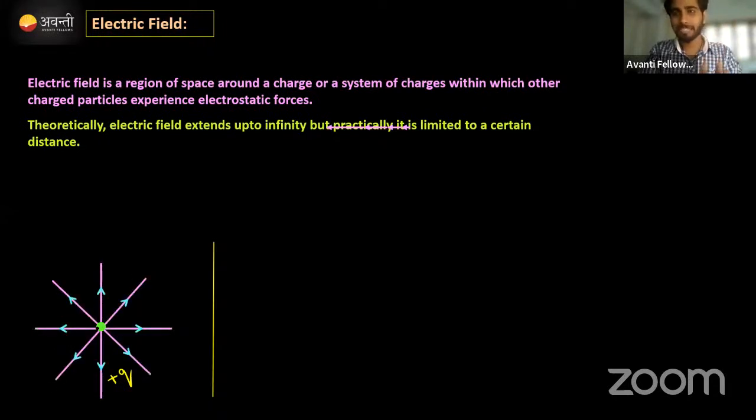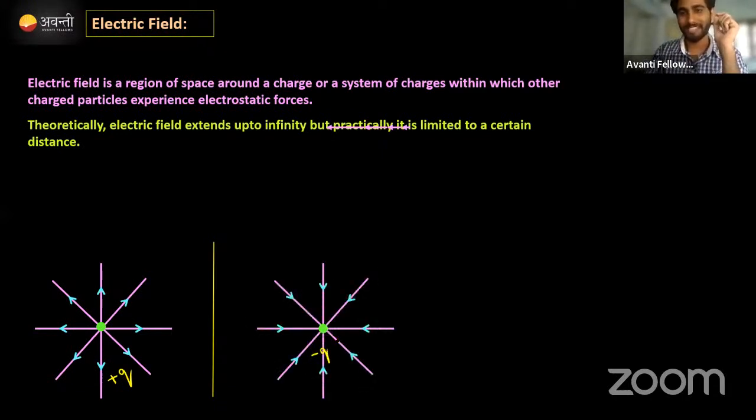You can see the direction here, right? Correct? Okay, good. If I take a negative charge, what happens then? Is there any guess? If I take a negative charge, the field lines are coming towards it. Right, exactly right. This is all about electric field lines.